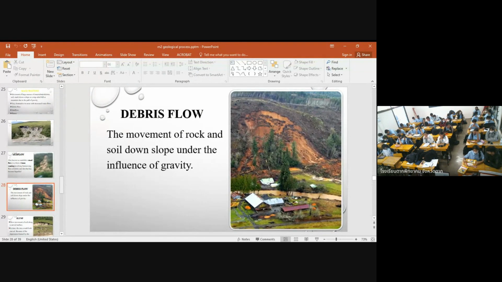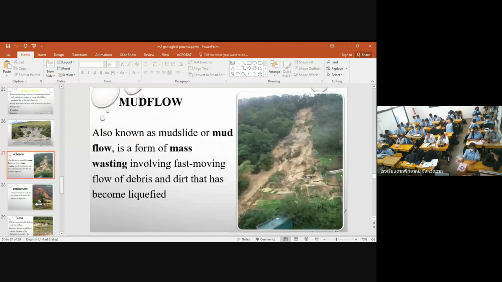Under the influence of gravity, some are flowing or flooded. Just remember, when we say debris, you just remember this one, influence of gravity. When we say mud flow, try to remember mud flow becomes liquefied or fast moving flow.